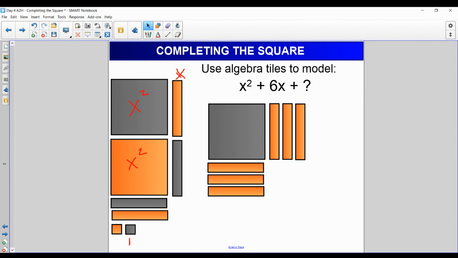Okay, so I've built what I have said right here. I have x squared plus 6x. I want to know, what do I need to complete that square? If I start to drag these little ones, you can see that it's going to take 9 of them.